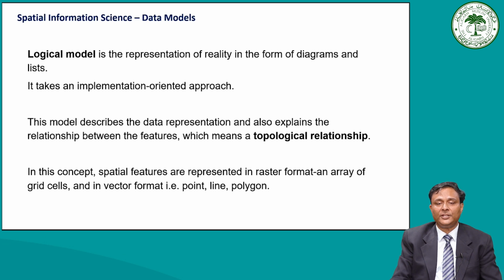The spatial features are represented either in raster format, which is an array of grid cells, or in vector format, where individual coordinates represent point, line and polygon features of the earth.